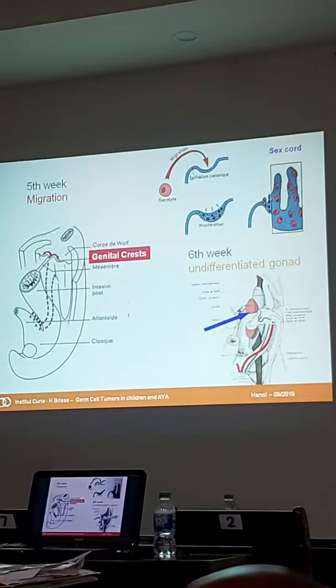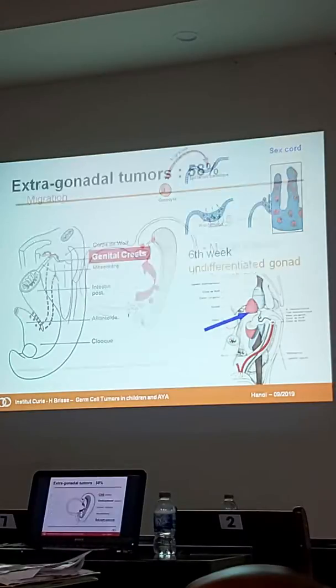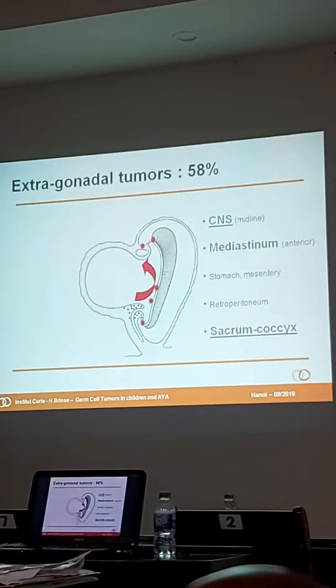And this explains why you can find some tumors with germ cells in the gonads, of course, but also elsewhere. Why? Because sometimes the germ cells remain at the caudal pole of the body, and you get sacrococcygeal tumors.